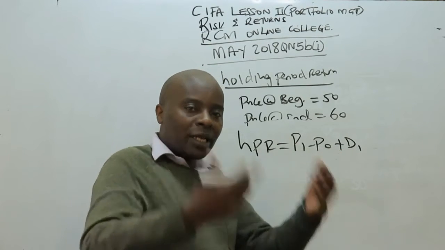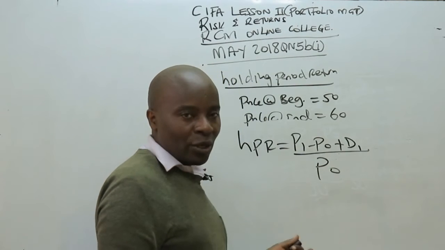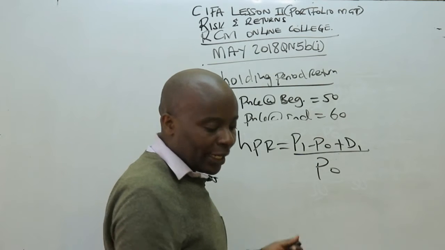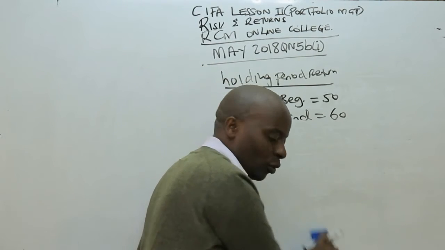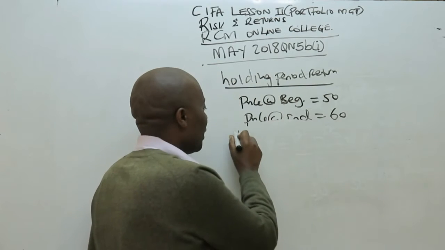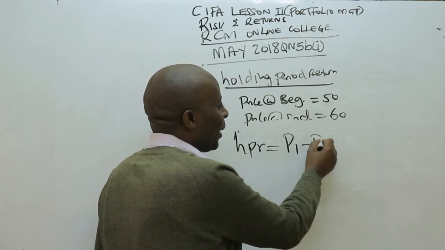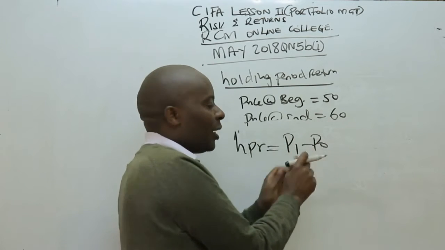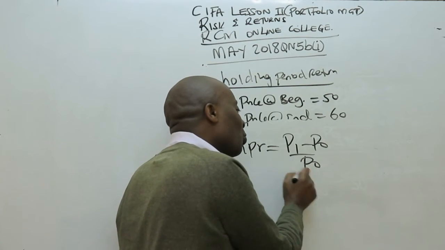The total income divided by our investment, which is what here? Which is P0. At times, ladies and gentlemen, like this question that we have done here, we've said our holding period return equals P1 minus P0. There's no dividend here. Divided by P0. So this one, I could decide to spread the P0.